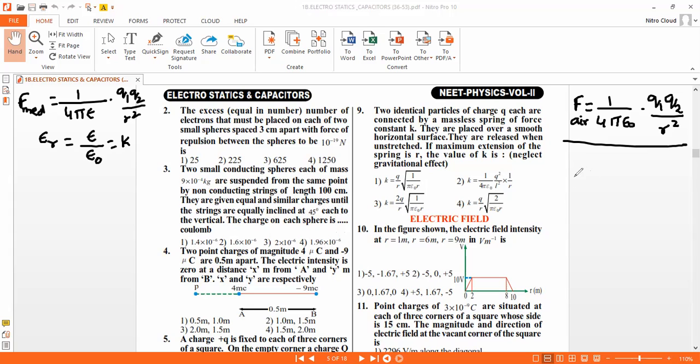Find the charge on the sphere. Here I have two conducting spheres like this, one sphere and another one, and the length of each string is given. With respect to the vertical, each makes an angle of 45 degrees.